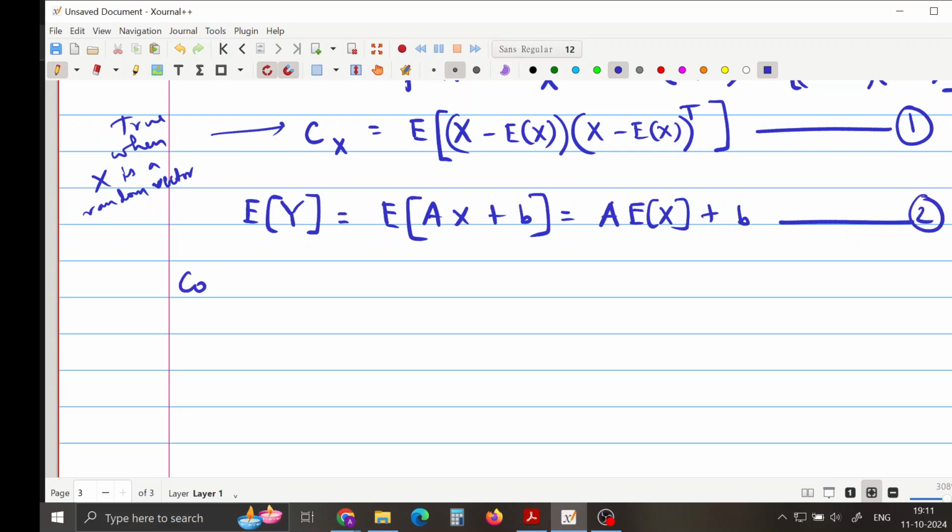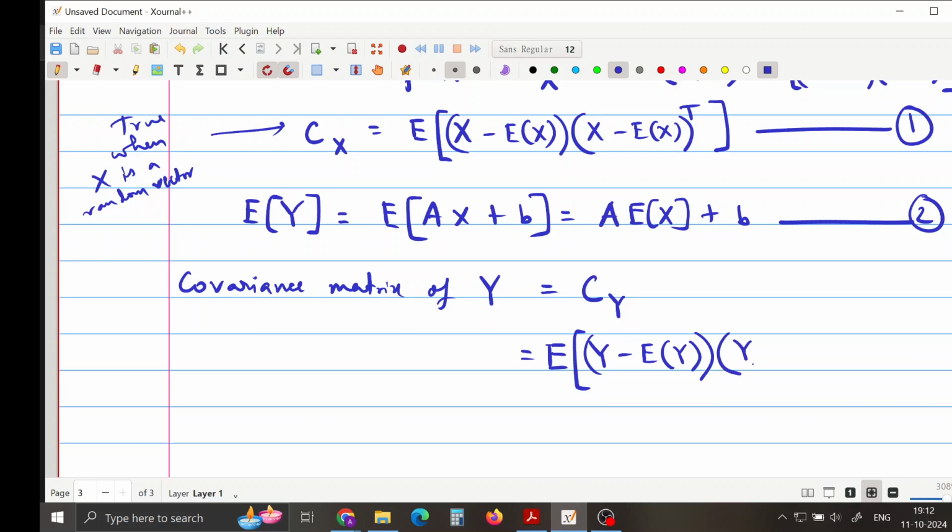Now let me find the covariance matrix of my random vector y. This is Cy, which, by the definition of the covariance matrix, is the expectation of y minus expectation of y, times y minus expectation of y, transpose.